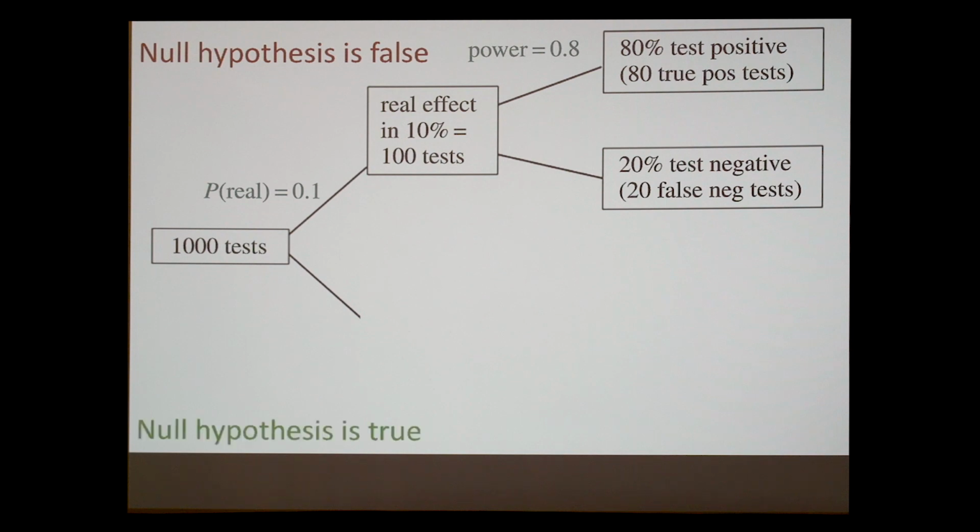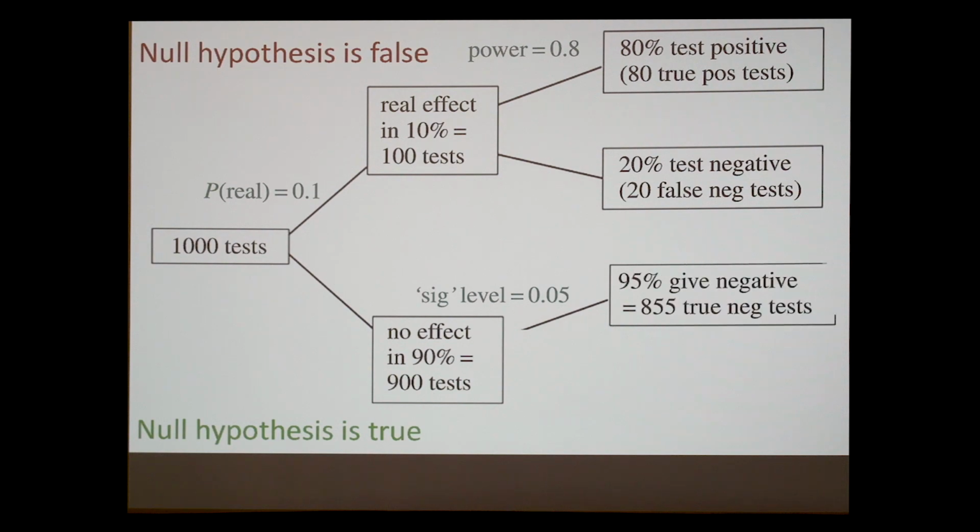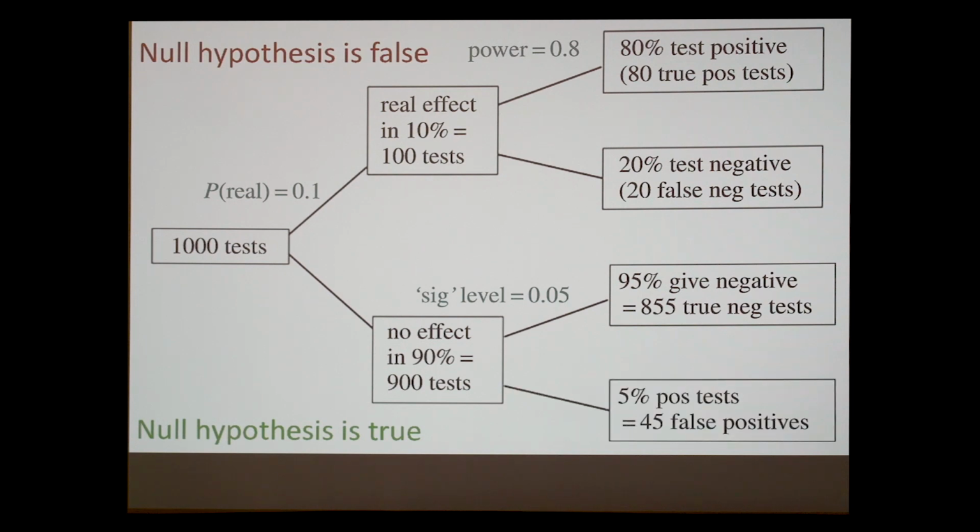So that's beta. For the remaining 900, where the null hypothesis of no effect is true, the p-value of 0.05 means that 855 are correctly identified as having no effect, and 45 falsely claim a difference exists when it does not.